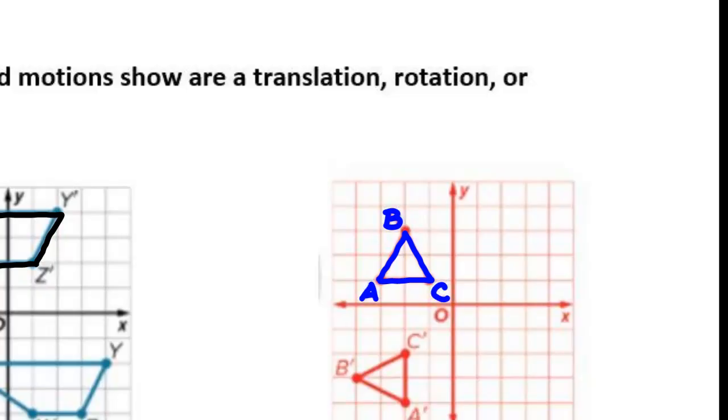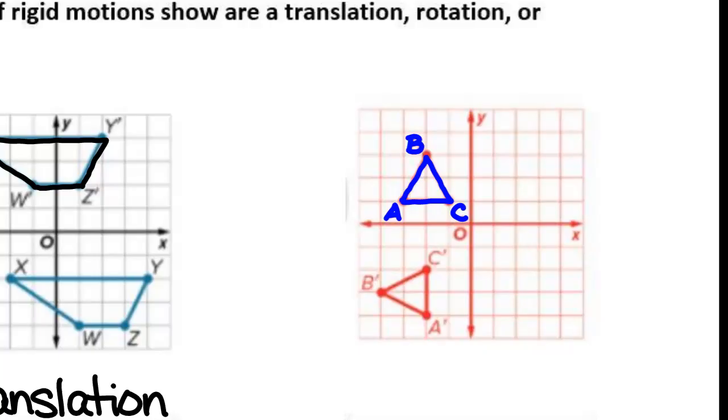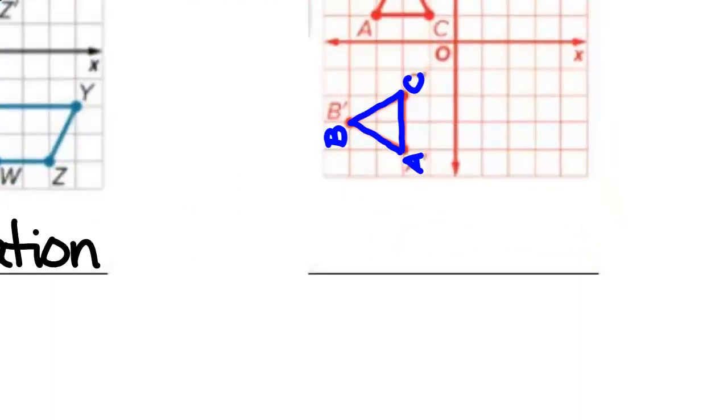I'm going to rotate this and see if I can make A prime, B prime, and C prime match up. It looks like if I take it just a little bit further, A prime, B prime, and C prime are matching up with A, B, and C. So this one is indeed a rotation.